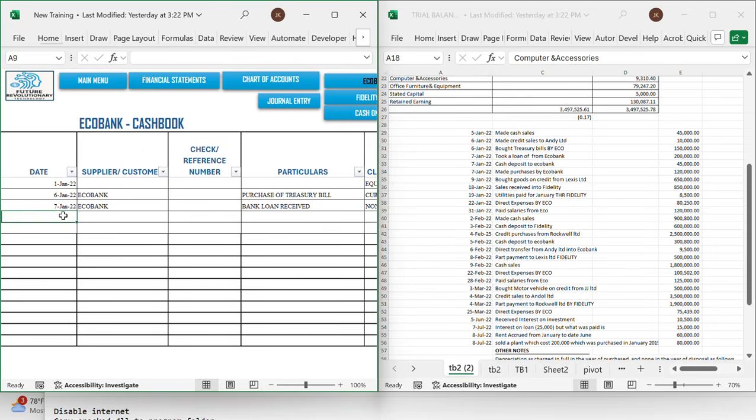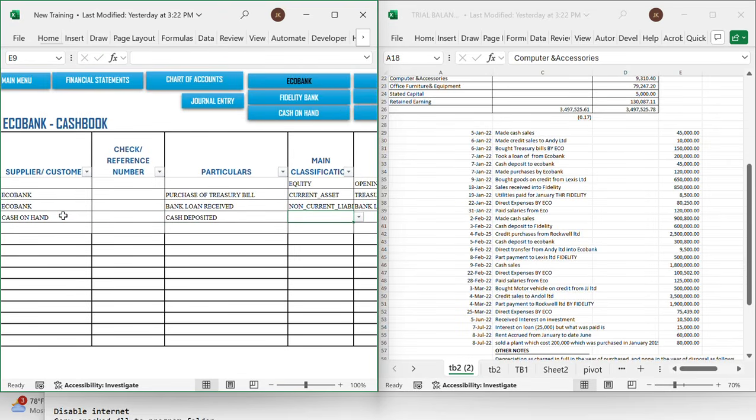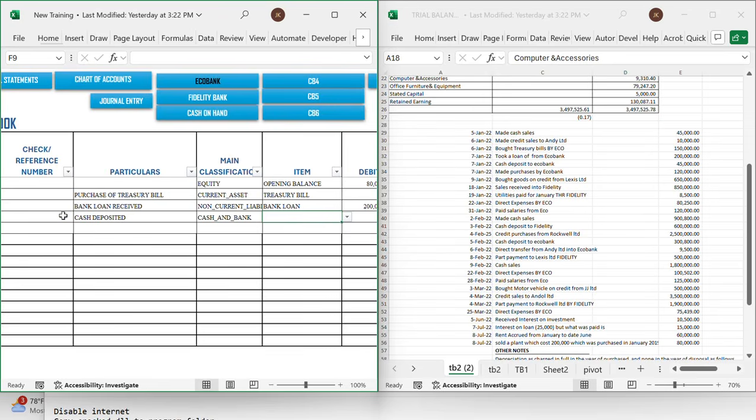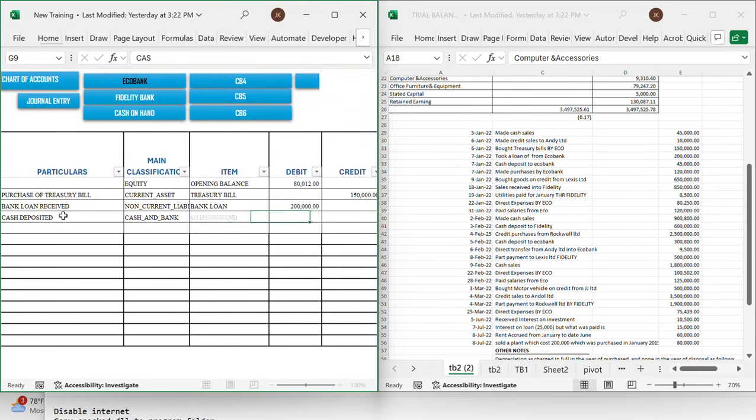So the date is 7th January 2022, cash on hand, right? So cash deposited. So we have cash and bank, and then we select cash on hand and 45,000, right?